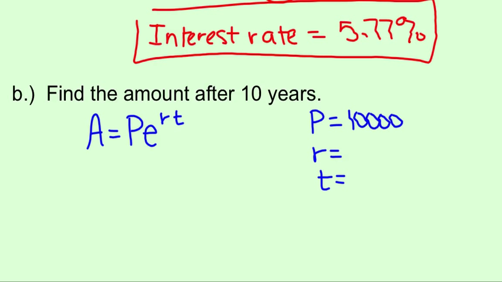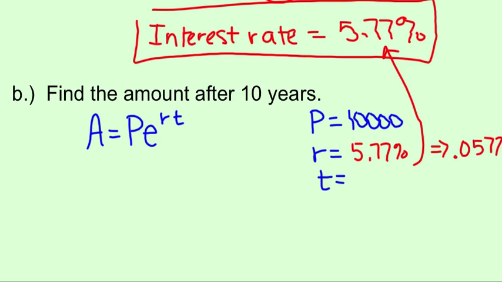My interest rate is found up here, 5.77%. So as a decimal, it'd be 0.0577. And then my time is 10 years have gone by. Let's go ahead and plug that into the PERT equation to find the end amount.